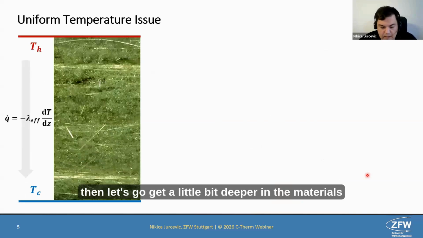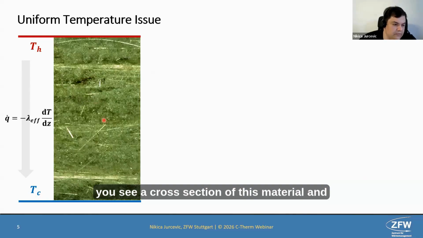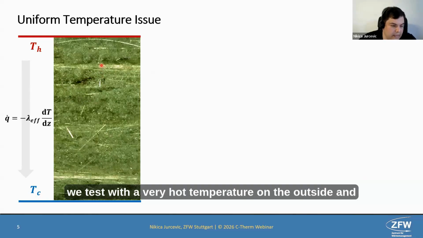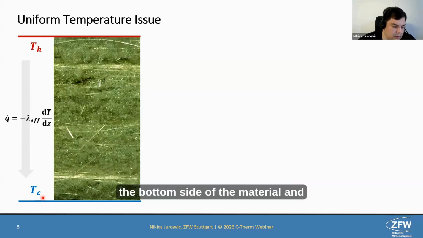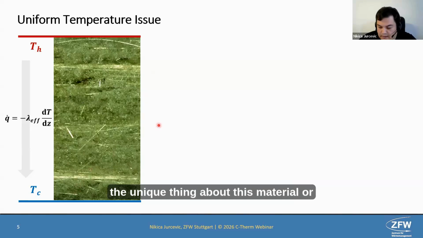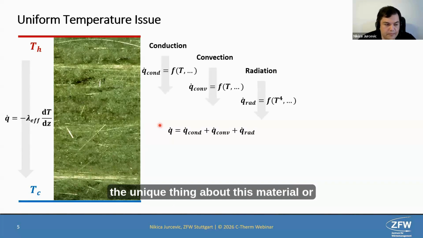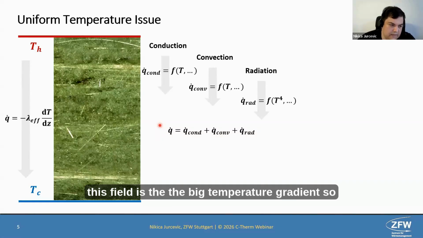Okay, then let's get a little bit deeper into the materials. You see a cross section of this material, and we test with a very hot temperature on the hot side and a cold temperature, in the range of room temperature, on the bottom side of the material. And the unique thing about this field is the big temperature gradient.